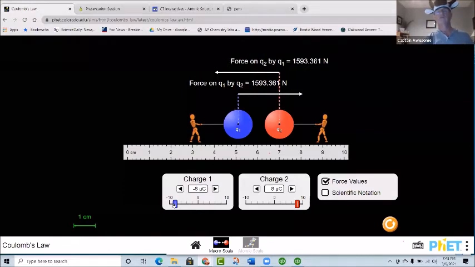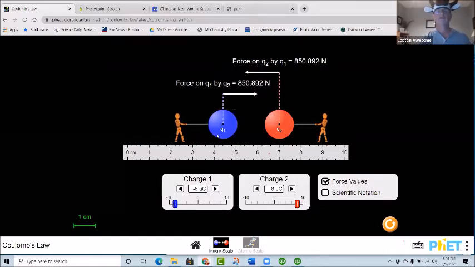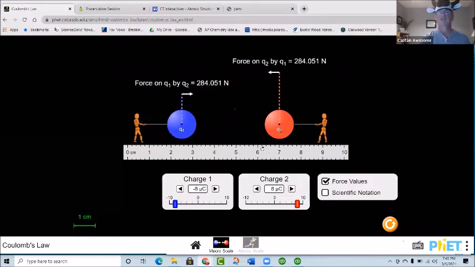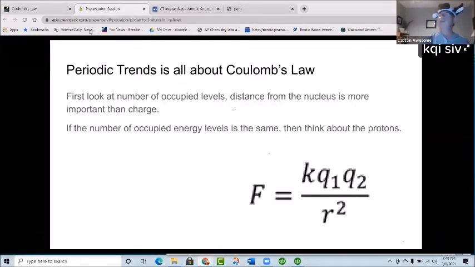Now there's a greater force of attraction, a greater positive-negative attraction. But notice what happens when I move these apart. The farther apart they get, the less force of attraction there is. So as long as you know that the farther away they are, the less the force of attraction, and the more protons pulling on the electrons, the greater the force of attraction, then you can do any periodic trends question, because it's asking you to think really hard.